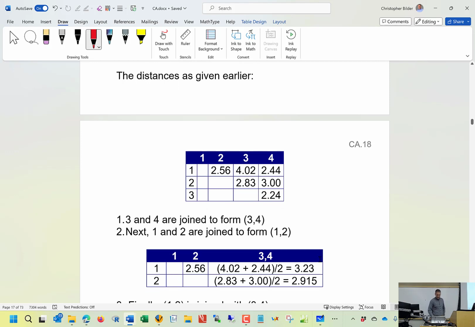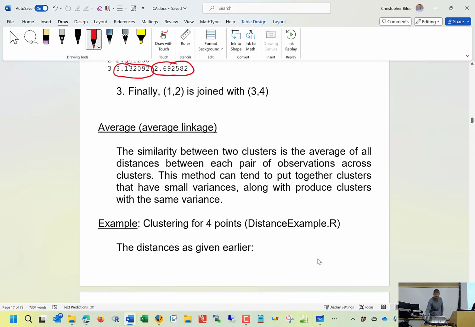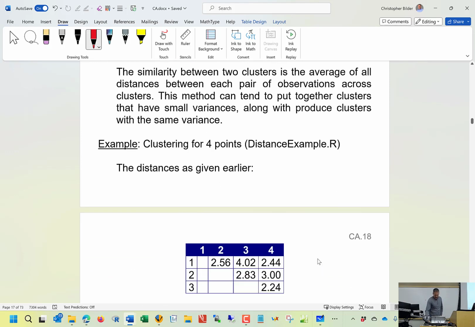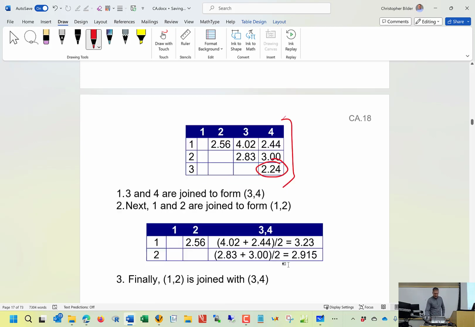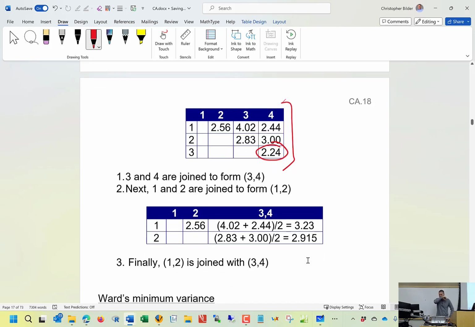So let's go through the steps. Again, I start off with this table here. Observations 3 and 4 are joined together because it's the smallest distance. Now, to decide what I'm going to join next, the distance between 1 and 2 does not change.